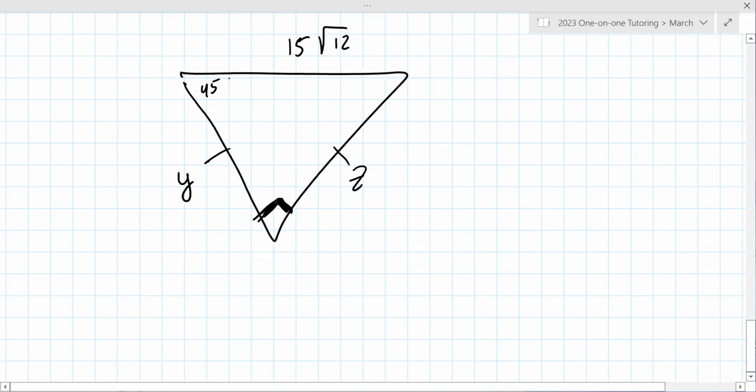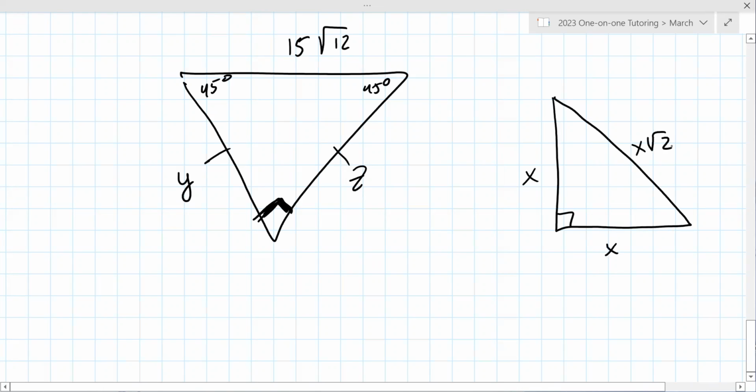This is a 45, 45, 90. Do you remember that? It'll be times the square root of 2. Yes. Okay. The answer will be 15 square root 6. For what? Y and z. Okay, I agree.